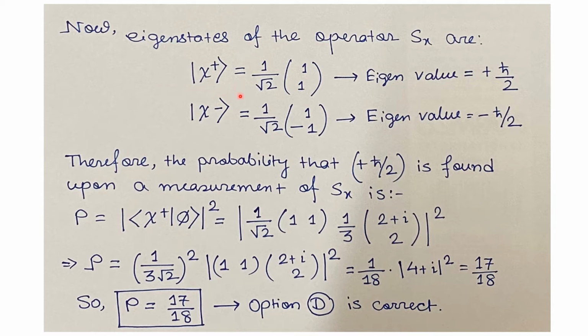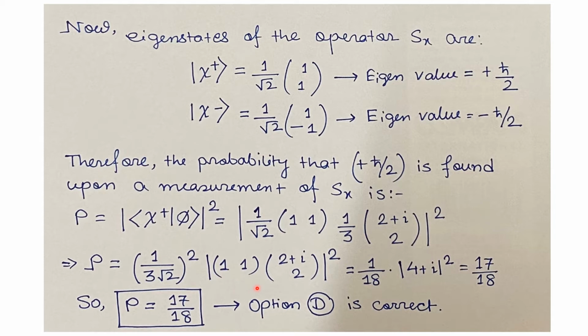If we take the complex conjugate of this matrix, it will be 1/root 2 times the row matrix (1 1), and this matrix is multiplied with the ket of phi, which is given in the question as 1/3 times (2+i, 2), and we have to take the mod square of this matrix multiplication. If we take out the 1/3 and 1/root 2 from the modulus, then we will get (1/(3 root 2)) whole square times the mod of the multiplication of these two matrices, (1 1) and (2+i, 2).